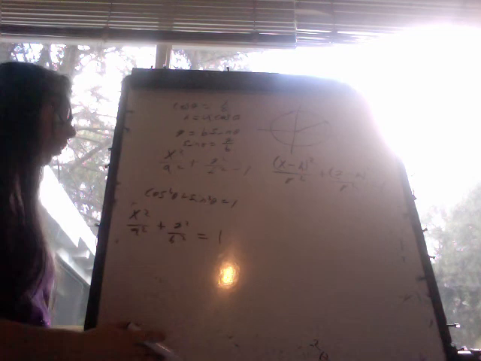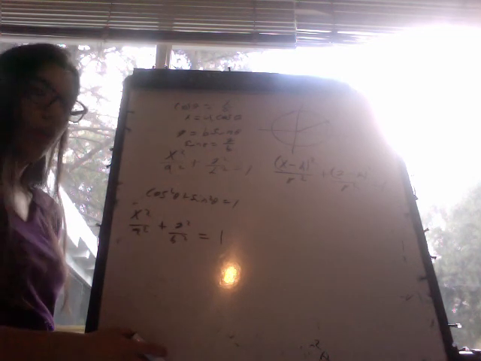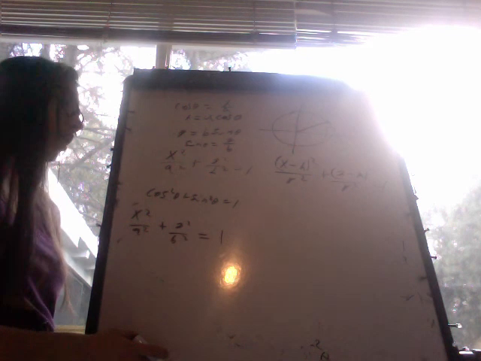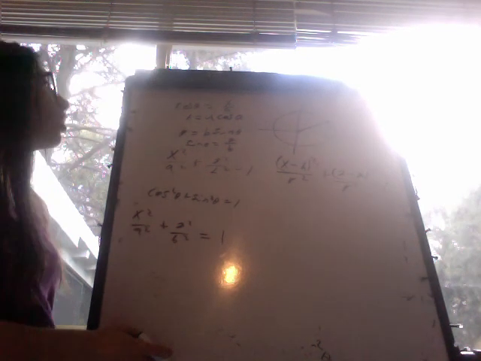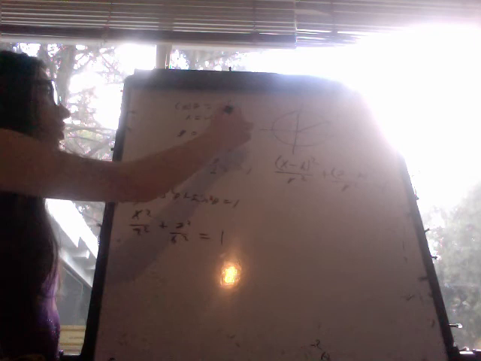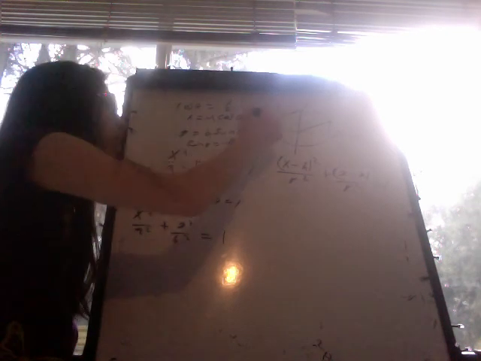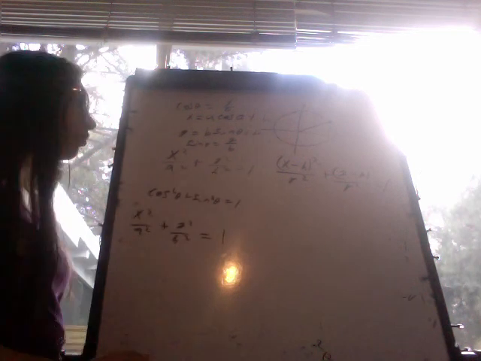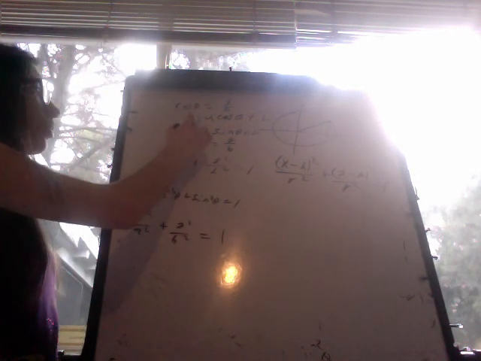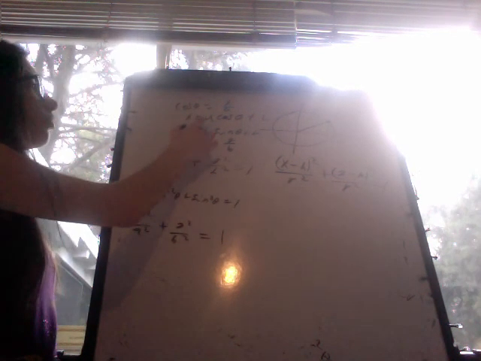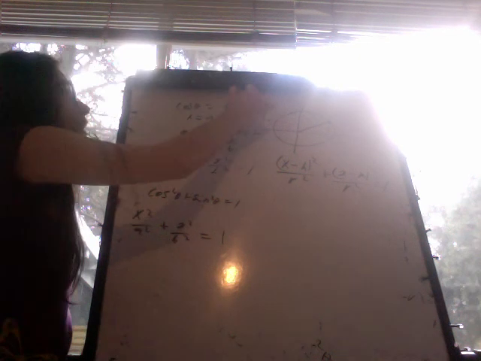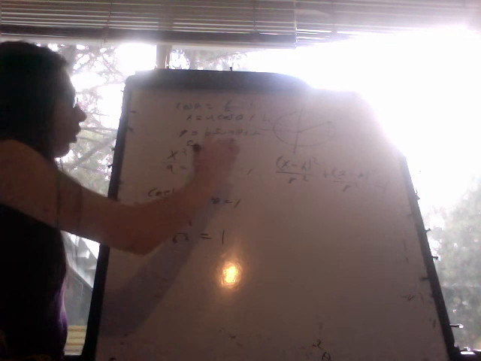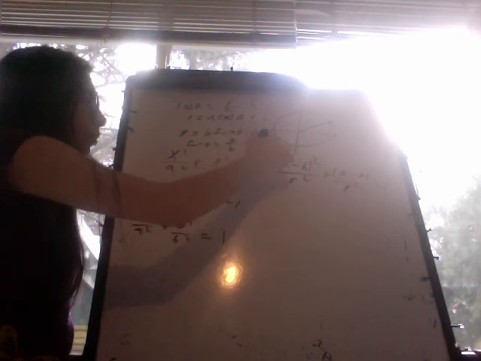If now we want to parametrize an ellipse not with the origin as the center, we have x equals a cosine of theta plus h and y equals b sine of theta plus k. Again, now the cosine would be x minus h divided by a, and the sine would be y minus k divided by b.